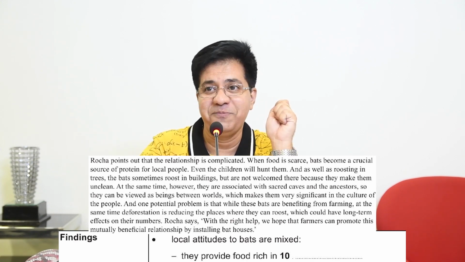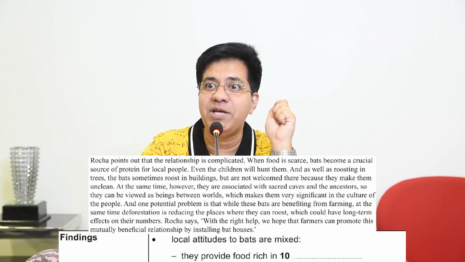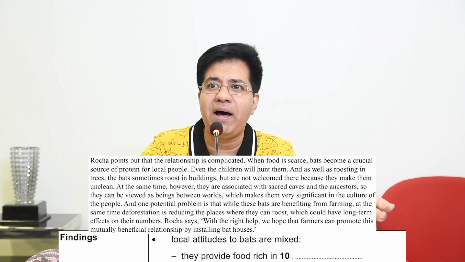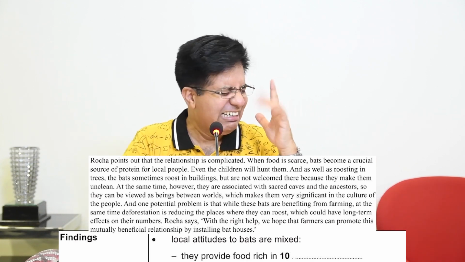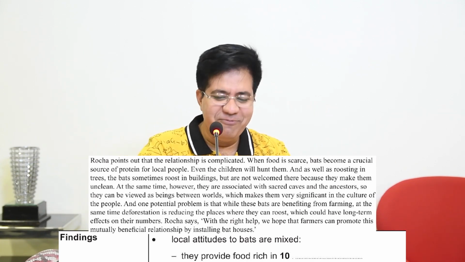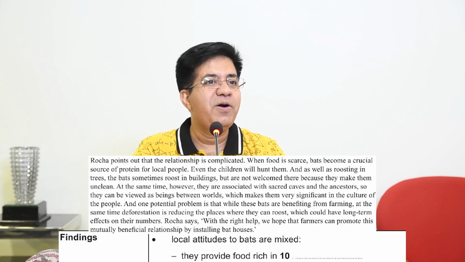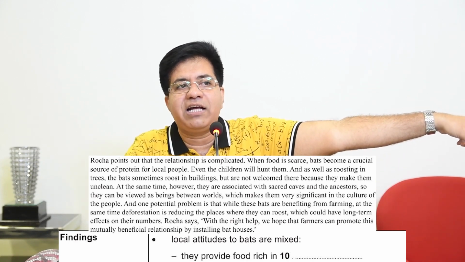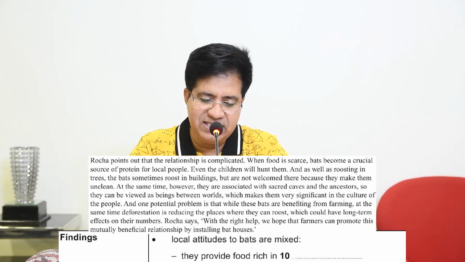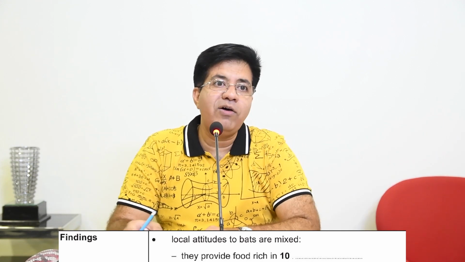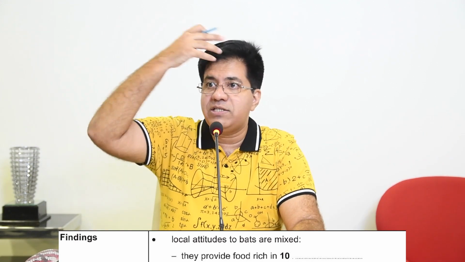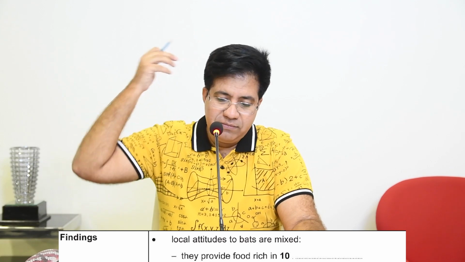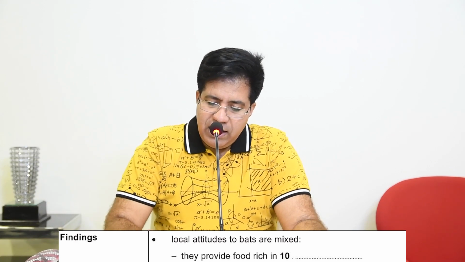Bat sandwich. Barbecue. Which barbecue? Bat barbecue. What is this soup about? Bat soup. Okay, I'm feeling bad. So the answer is protein. Source of protein for local people, and this protein comes from bats. This is how they believe COVID-19 started. Anyways, let's go on.